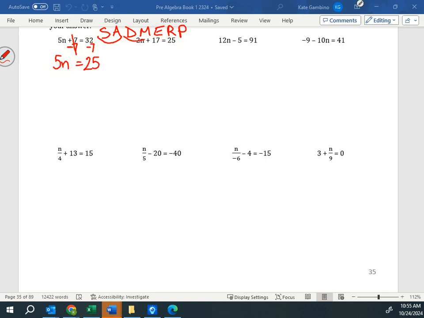Now in SAGMERP, what comes next is dividing or multiplying. So what do I need to do? Eleanor? Divide from both sides of the equation. I was multiplying 5 times n, so I'm going to do the opposite, and I'm going to divide by 5.